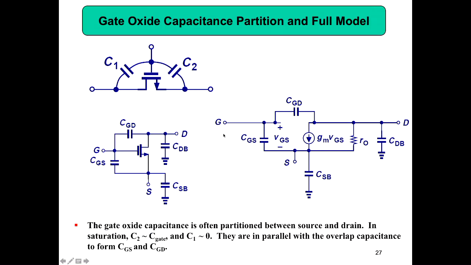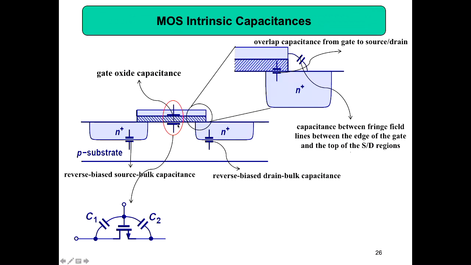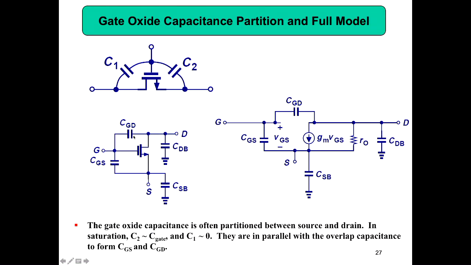So then we can combine these two coming in parallel. When capacitors are in parallel, you add them up. And then you represent CGD, between the gate and the drain, and the gate and the source.